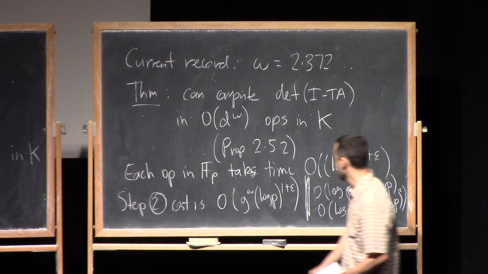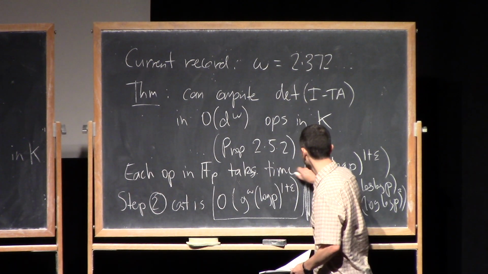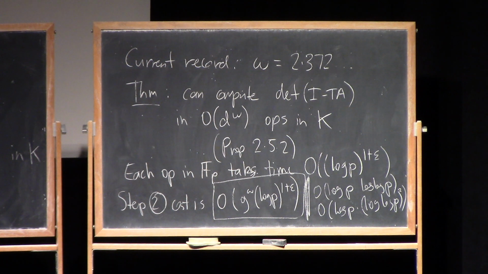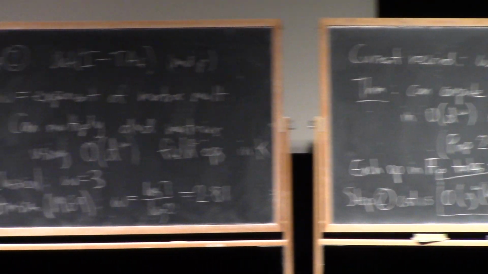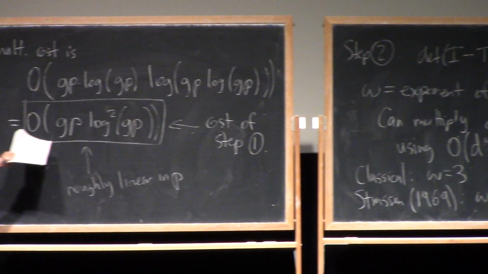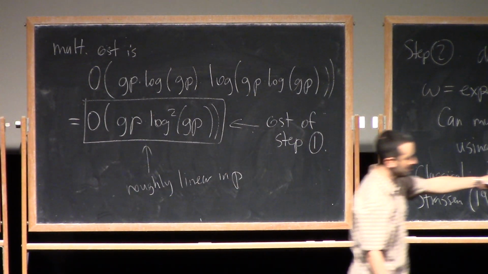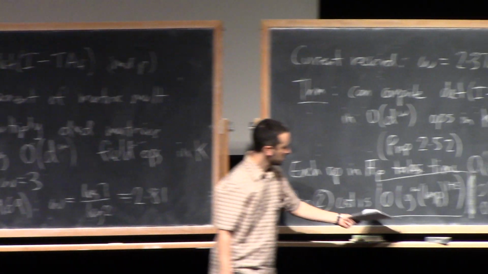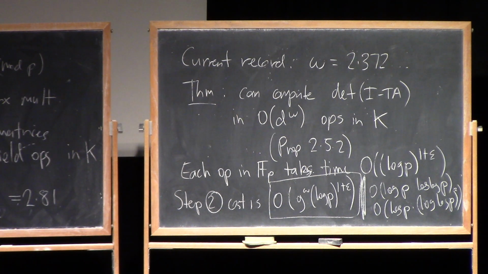Okay, so we've got this term coming from step 2, and we have this term coming from step 1. So as I said before, this is roughly linear in p. This one, I mean, barely depends on p at all. I guess the power of g here is a bit worse.